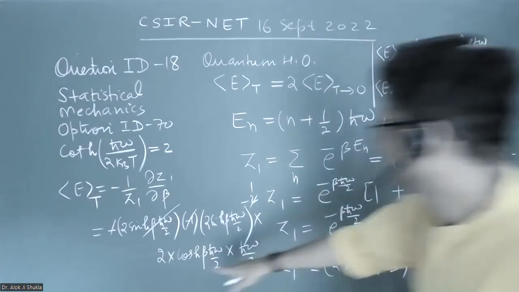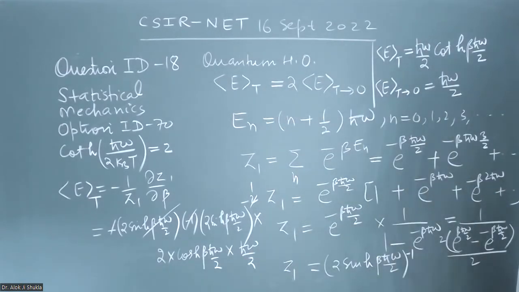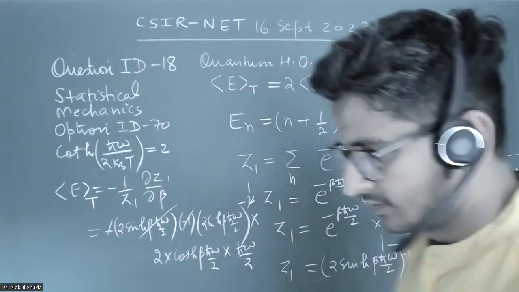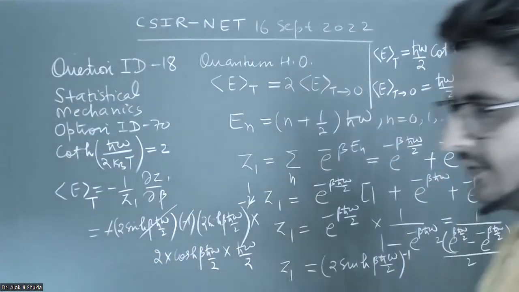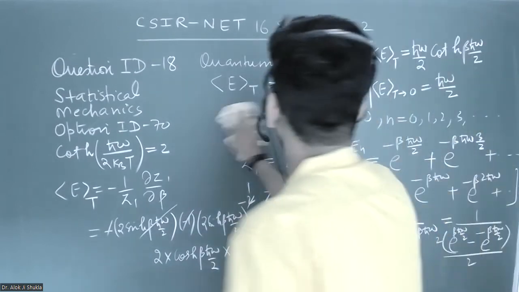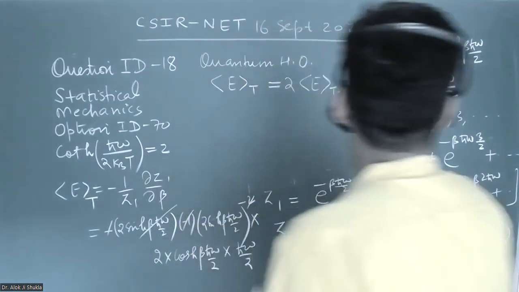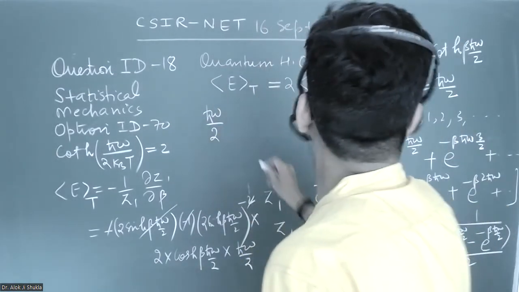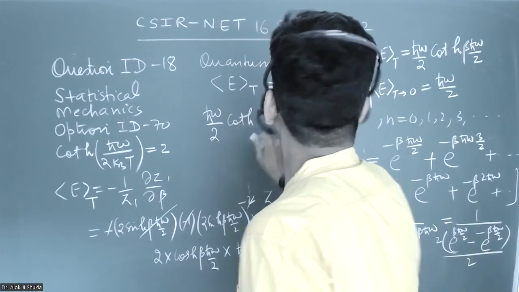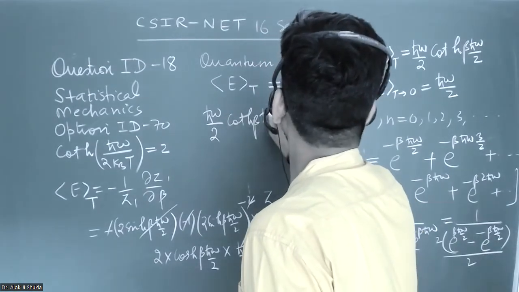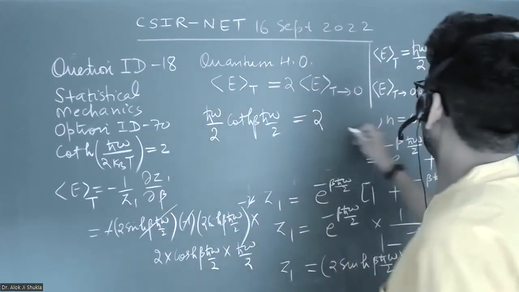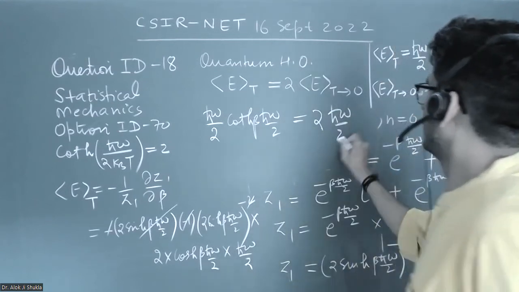So here 2 is also there, 2 times. Okay, so now we just have to write the final equation, that is h cut omega by 2 coth of beta h cut omega by 2 is equal to 2 times this limiting value h cut omega by 2.